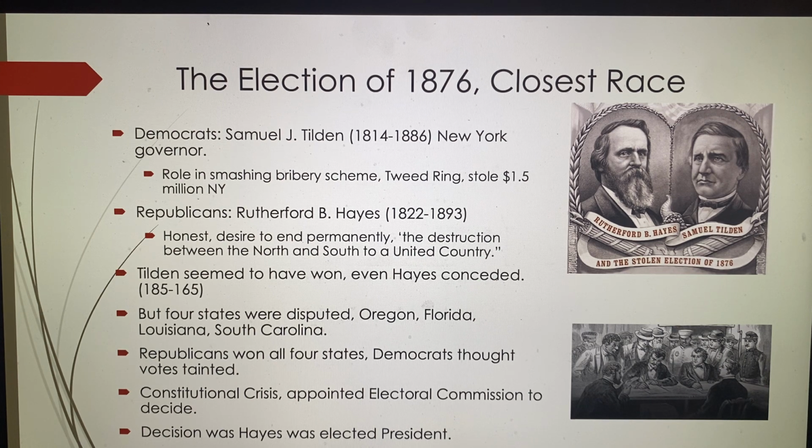So the Democratic candidate was Samuel J. Tilden of New York, governor of New York. Here's a picture of him right here. Tilden was really famous in New York because he smashed this whole bribery scheme, the Tweed Ring. They stole $1.5 million from the state of New York, and he smashed the ring.